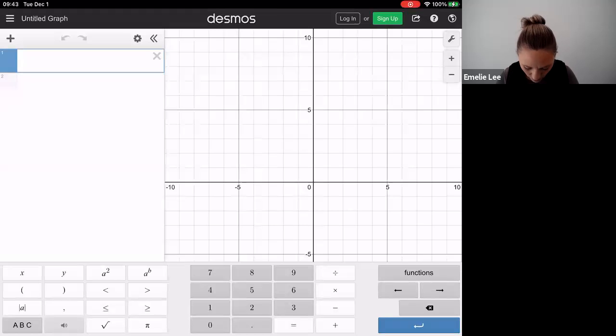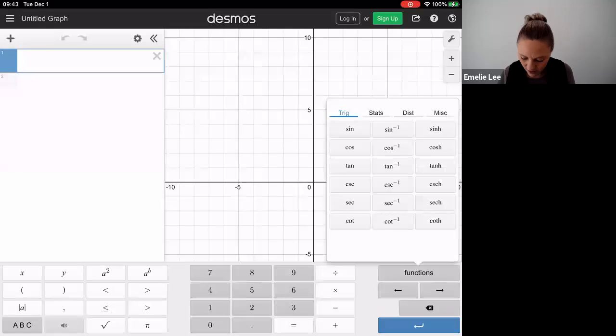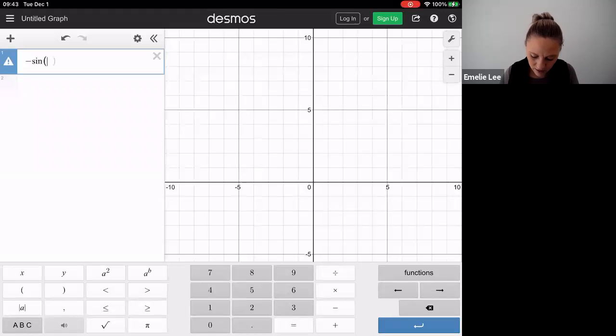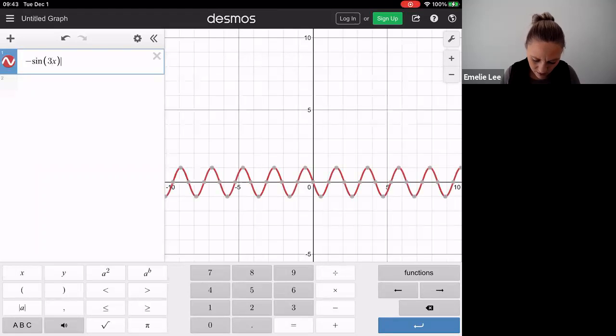Okay, so in our functions, over on the right-hand side, you've got your functions. And so now we can do something like, was it negative sine? Negative sine of 3x, I want to say. Okay.